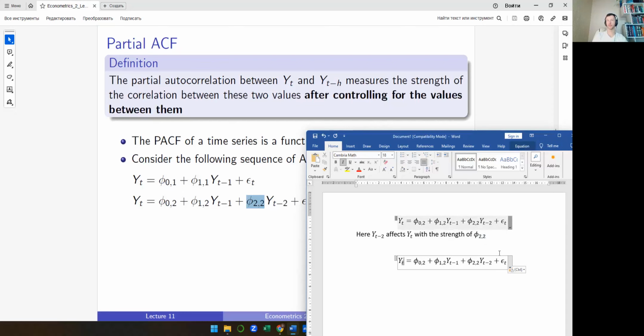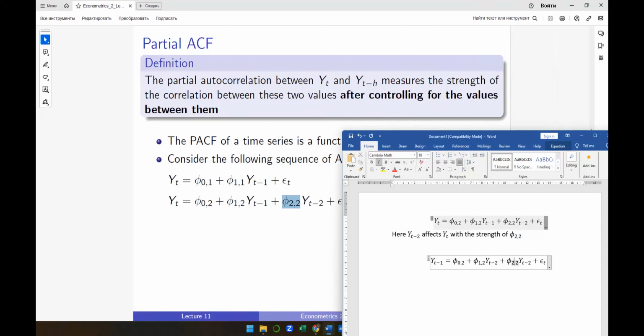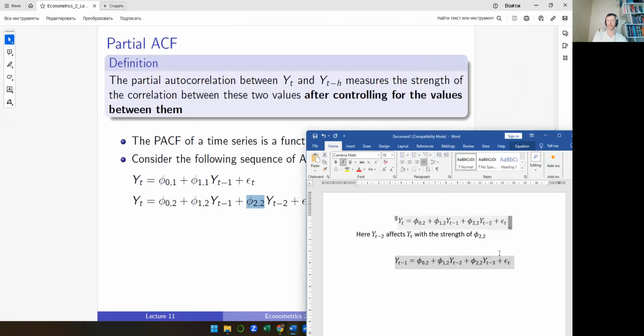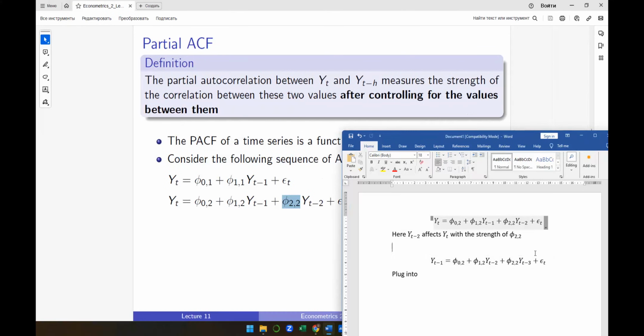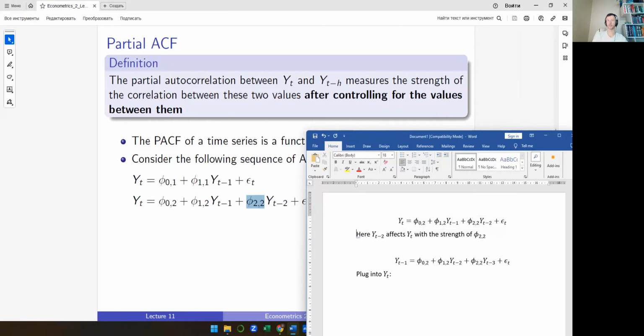Now, if you rewrite this with respect to yt minus 1, like this, and now we plug it into the expression of yt. So what would happen?